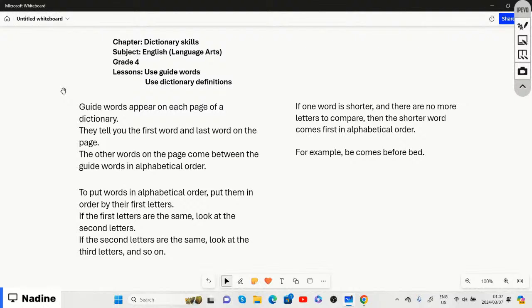In order to put words in alphabetical order, we need to put them in order of the first letter.